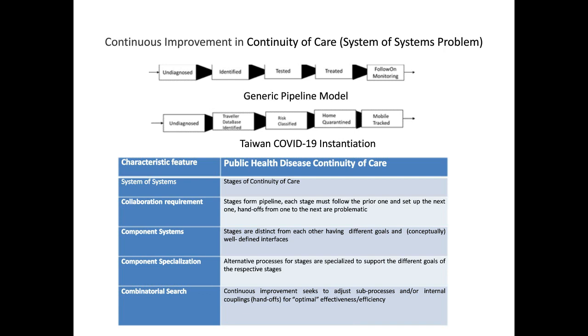For example, in the COVID case, and the second layer there, the Taiwan example, is a series of stages from undiagnosed all the way to treated and followed up that could be happening, but need to be tracked to make sure that they are happening, and one stage leads to another with high reliability.